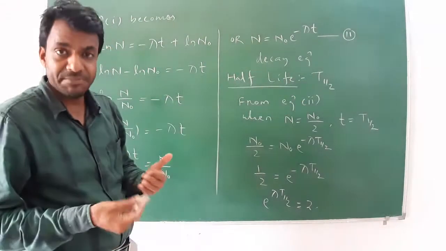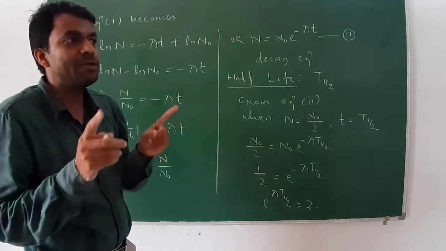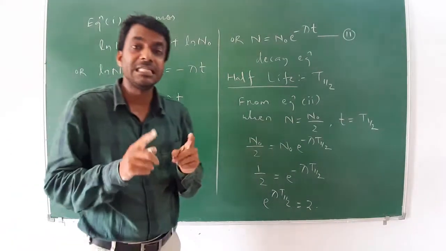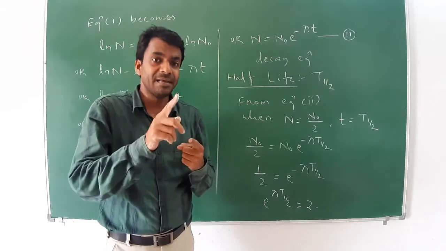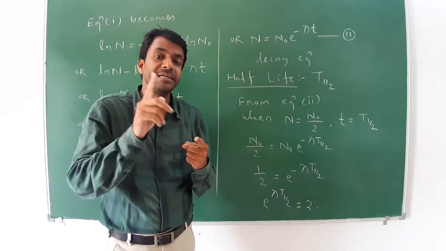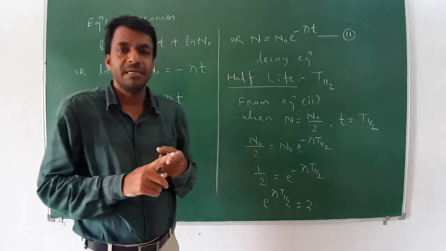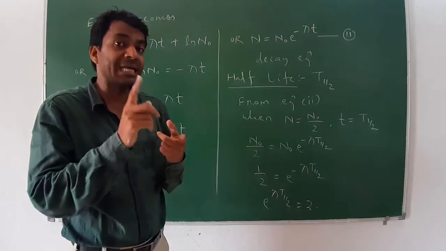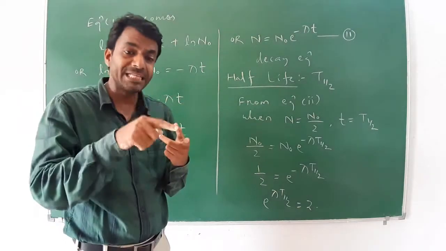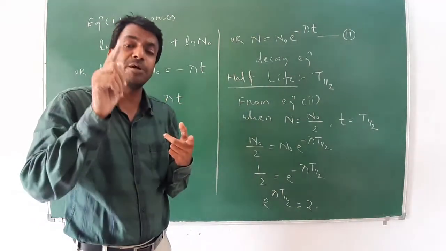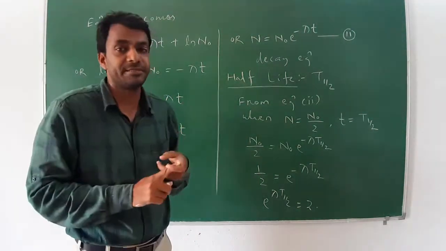How is it derived? Remember, when we derive the half-life, N is the number of undecayed nuclei at a certain instant t. Means N becomes N0 by 2, because N0 is the total number of nuclei initially present.